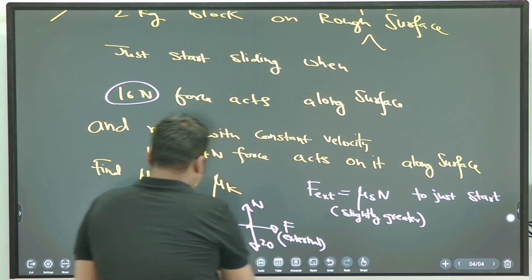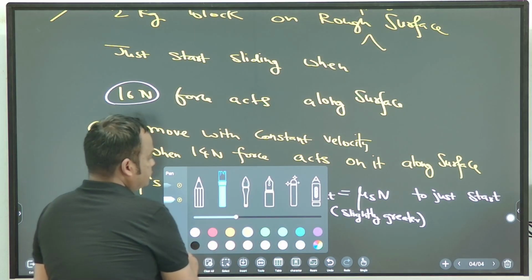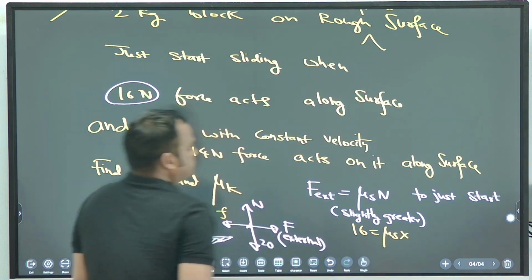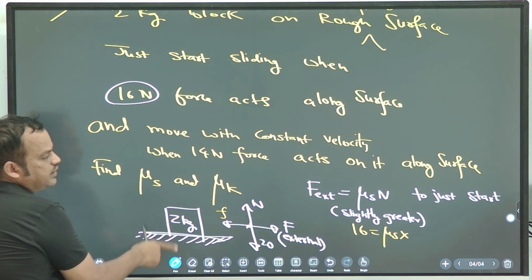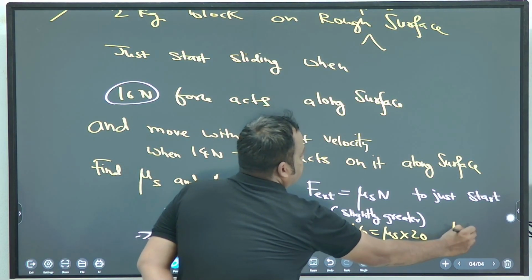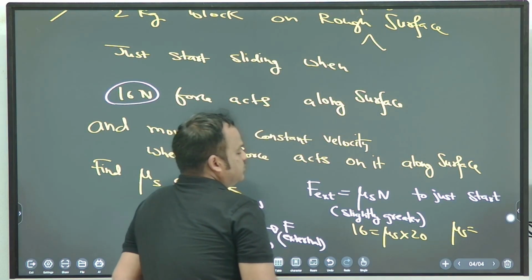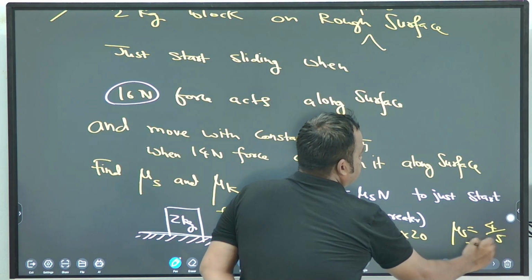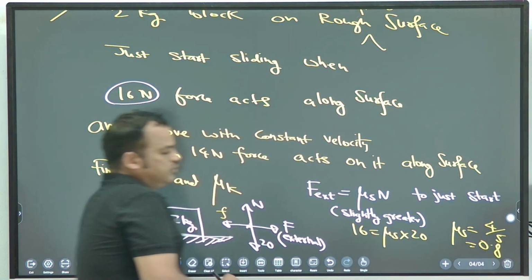So 16 is equal to mu s n. What is n here? 20. So what is the value of mu s? 4 by 5, which is 0.8.